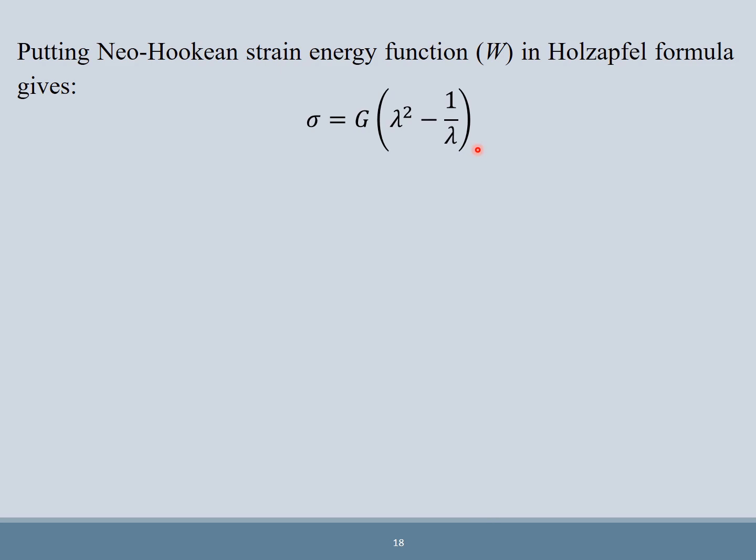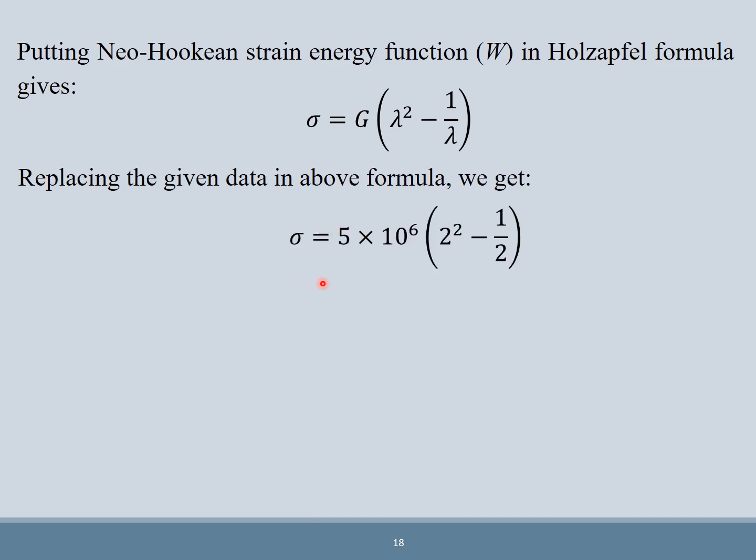Now the stretch in the uniaxial direction is also given, that is 2. So we replace 2 here and simplify, we get sigma. Now replacing the given data in the above formula, we get sigma is equal to 5 10 to the power 6, 2 square minus 1 upon 2. When we simplify, we get 17.5 megapascal of stress. With this, basically the numerical is solved.